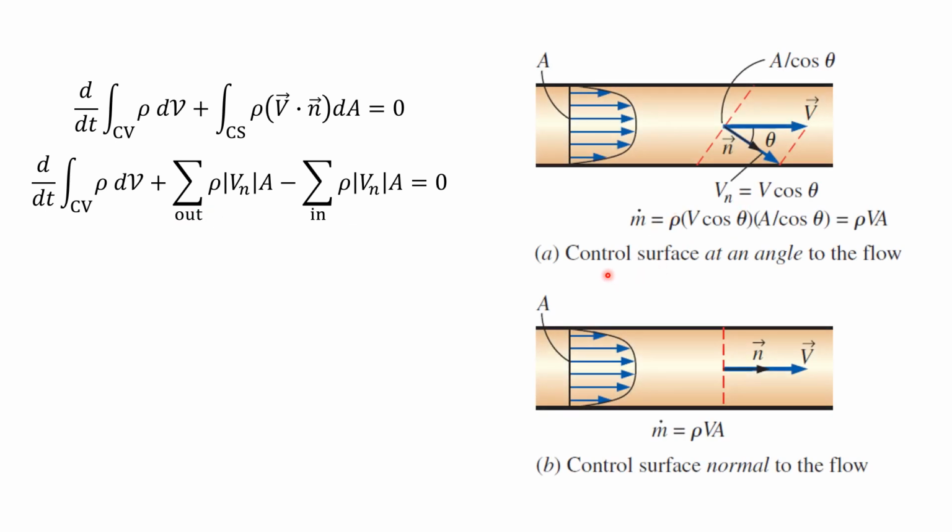Let's say the control surface is at an angle to the flow. The area that you are investigating, if it's at an angle, then you need to consider theta.